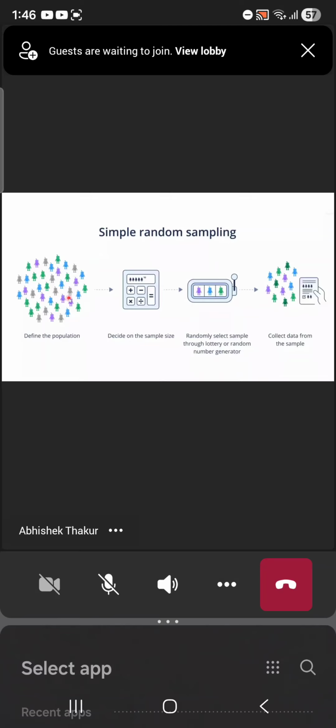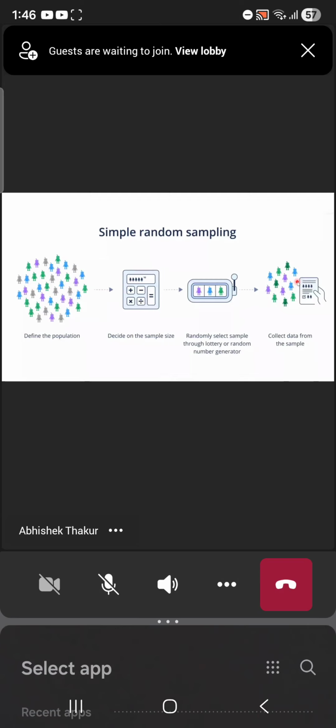So there are no fixed rules for this sampling. Samples are randomly selected through lottery or random number generators, then we collect the data from them and represent it as the whole population.